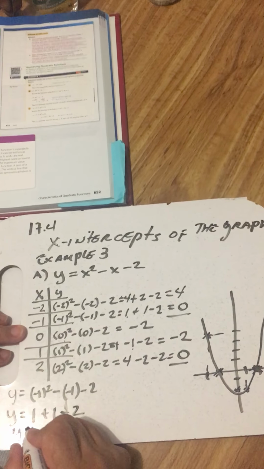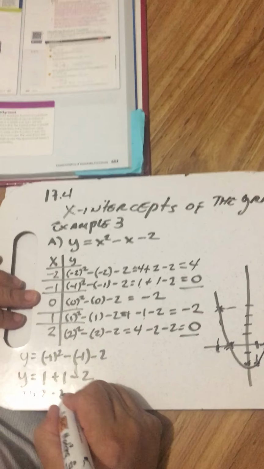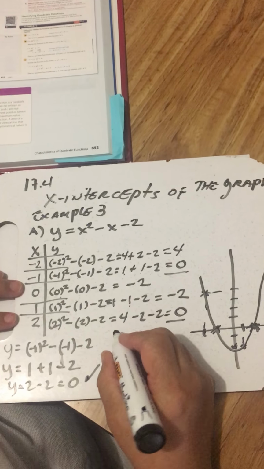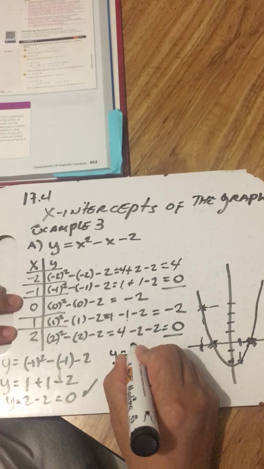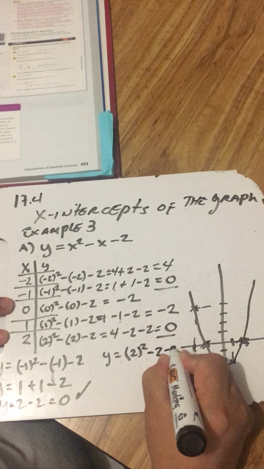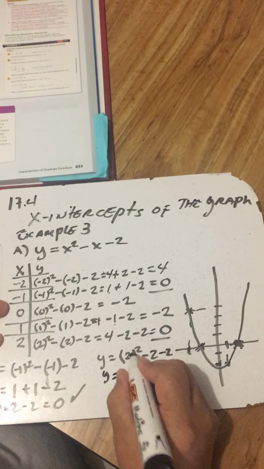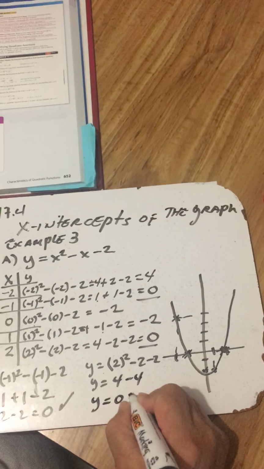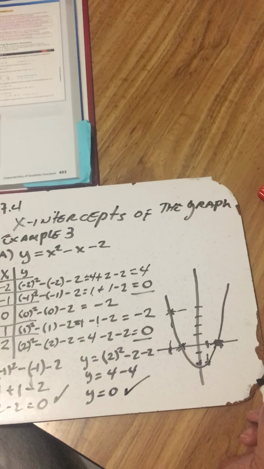This is going to be 2 minus 2. It's equal to 0. Then it checks. And the other is going to be 2. Then y is equal to 2 squared minus 2 minus 2. Then y is going to be 4 minus 4. Then y is going to be 0. Then we check the zeros of the function.